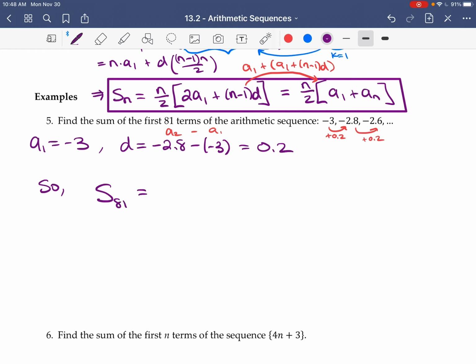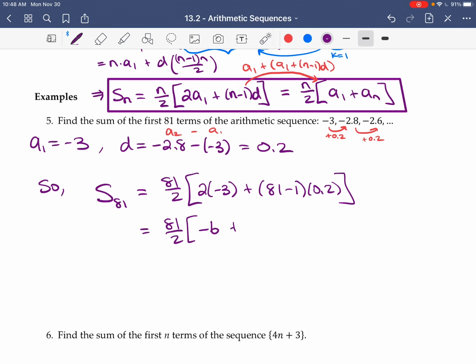What we're looking for is the sum, S81. You can use either formula. I don't have the An term, so I'm just going to use the first one. That's 81 over 2 times (2 times A1, so 2 times -3, plus 81 minus 1 times 0.2). I just subbed in everything. So this is 81 over 2 times (negative 6 plus 16), since 80 times 0.2 is 16.